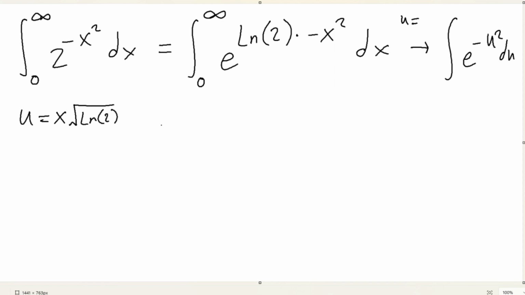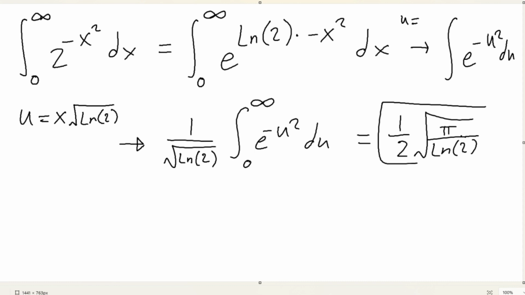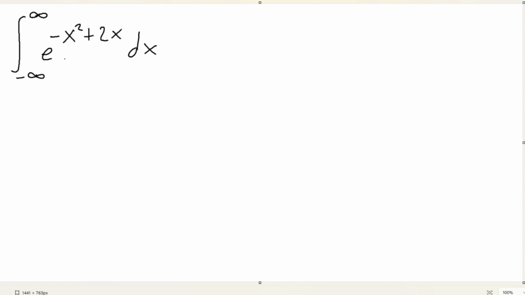And so now we have 1 over the root of ln of 2 from 0 to infinity of the Gaussian integral. And now this is just a half of the square root of pi over ln of 2. This would be our answer. So we have e to the negative x squared, but then we have e to the 2x. So we have this out of the way. So what do we do?